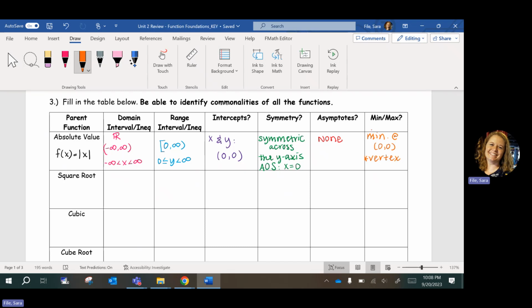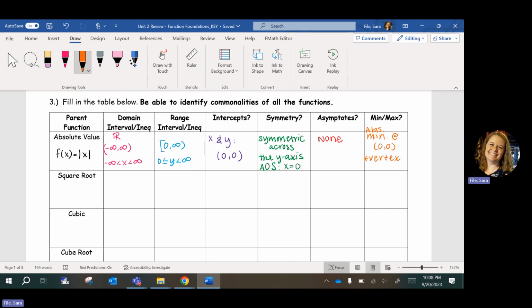It is actually the absolute minimum because it is absolutely the lowest point on that graph. If you have any questions about domain, range, intercepts, symmetry, asymptotes, max, mins, vertices, all of this was in that notes supplement after we did the key features of parent functions packet notes.